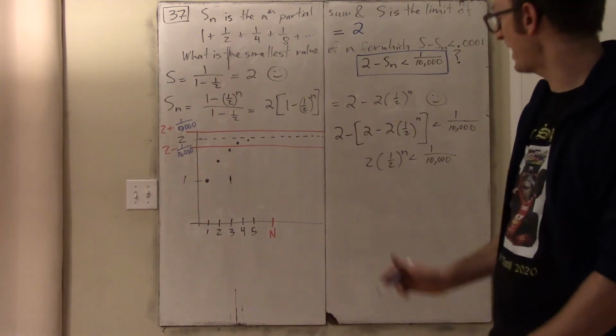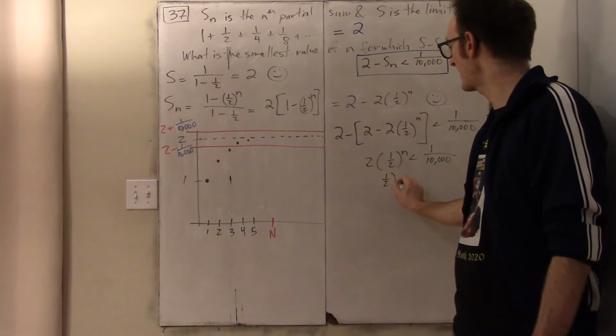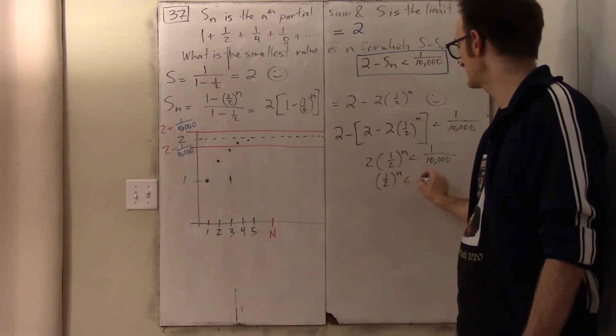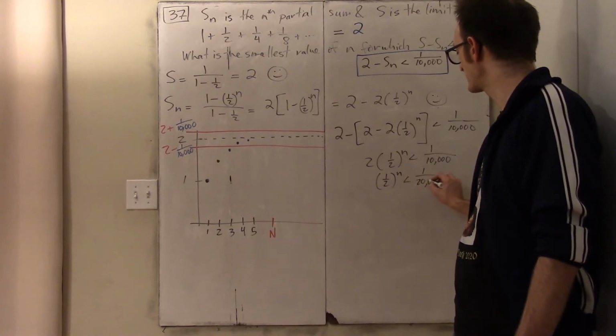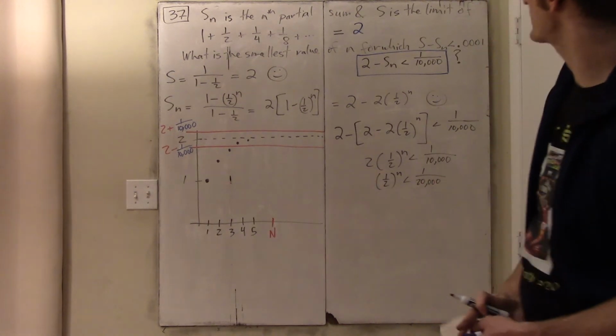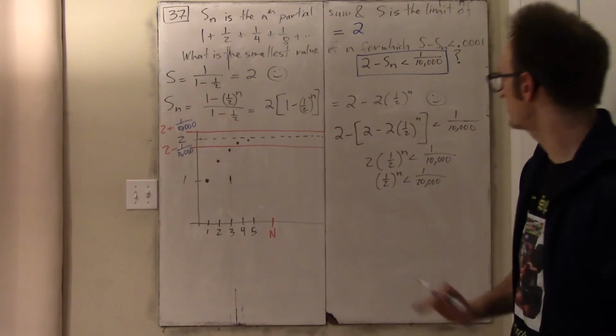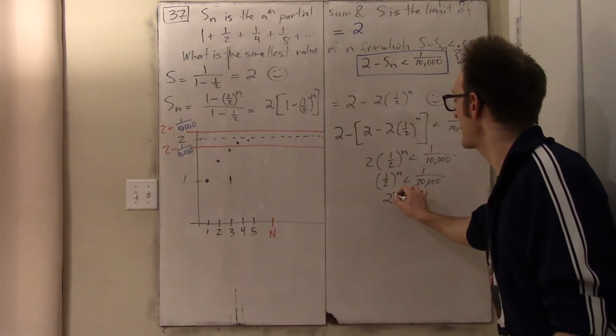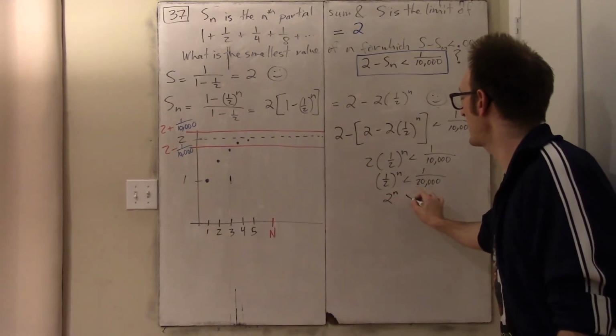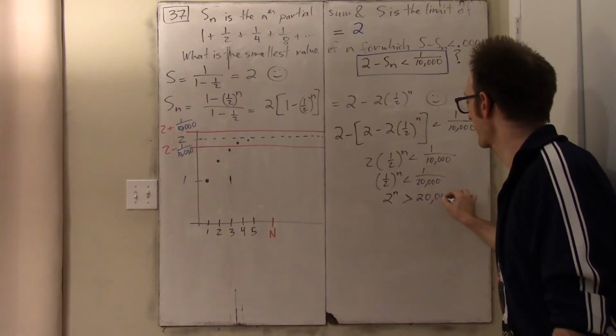I can divide by 2, so I get 1/2 to the n is less than 1 over 20,000. Now I really just need to solve this inequality, and this is begging to be reciprocated. So this says, when is 2 to the n greater than 20,000?